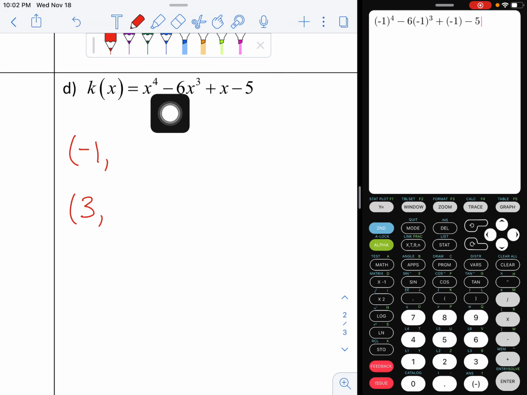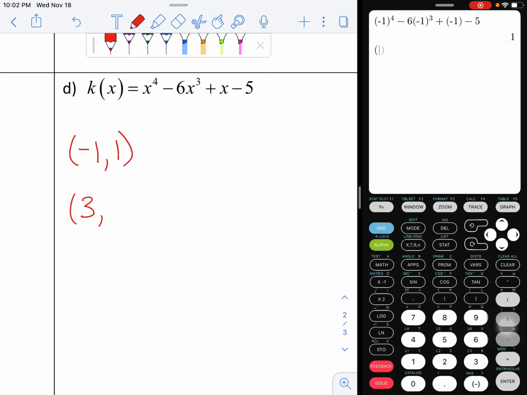Right? So every single place in this function where I had an x to the 4th minus 6x to the 3rd plus x, all of those x's I replaced with -1 and then threw in a minus 5 at the end. All right, so that's going to give me the point -1, 1.